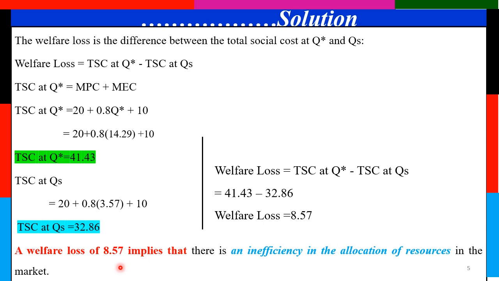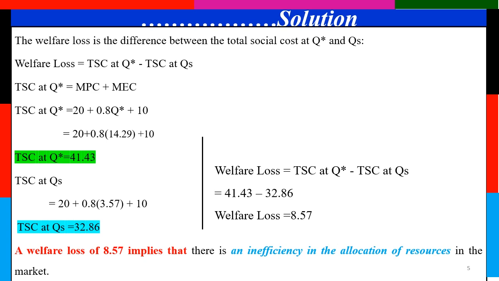This overproduction causes the welfare loss, that is the deadweight loss here. Overproduction causes inefficient market failure. When market failure exists, deadweight loss exists. This is all about question number 2.